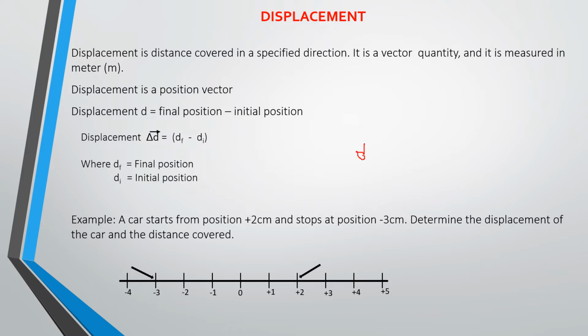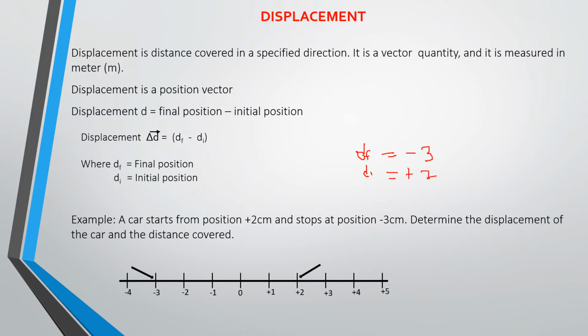The final position of the car, d final, is given to you to be minus 3, and d initial is plus 2.